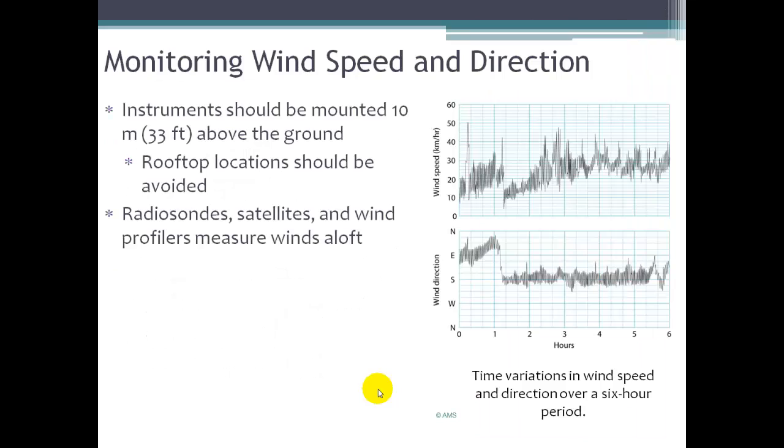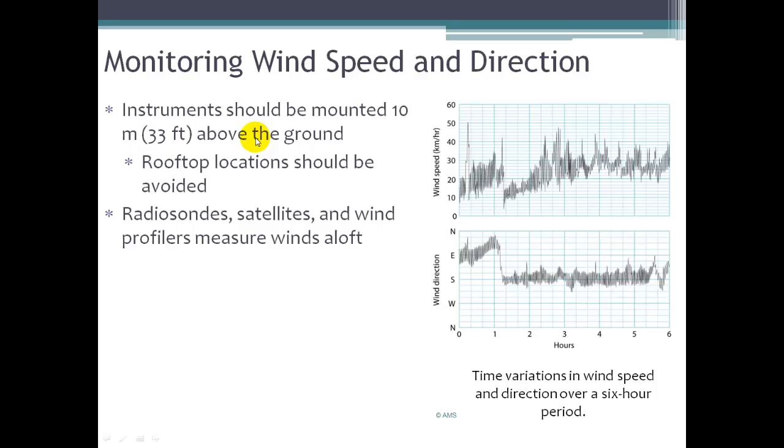So when you monitor any type of meteorological phenomena, in this case winds, it's important that your instruments be placed in the proper position. There are specifications for how the instruments should be mounted. And for winds, we have a requirement that they should be mounted 10 meters or 33 feet above the ground.